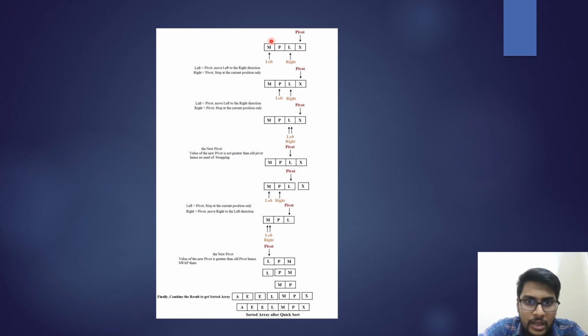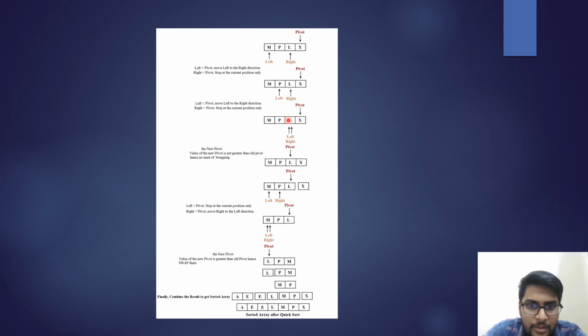When X is compared with the left element M, it is less than the X. So the left element will get increased and the right element stays in the current position because L is less than the X. The left element and right element will once again be compared with the pivot element X. P is less than the X and L is also less than the X. So the left element will move towards the right, and the right element will stay at the current position.